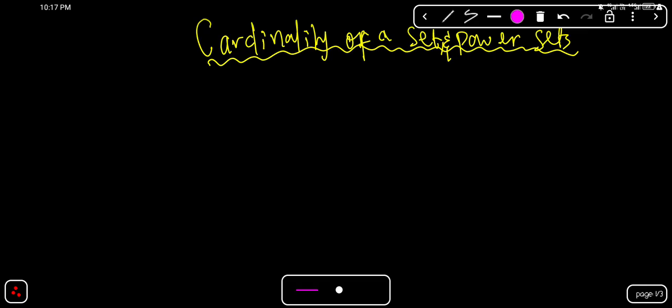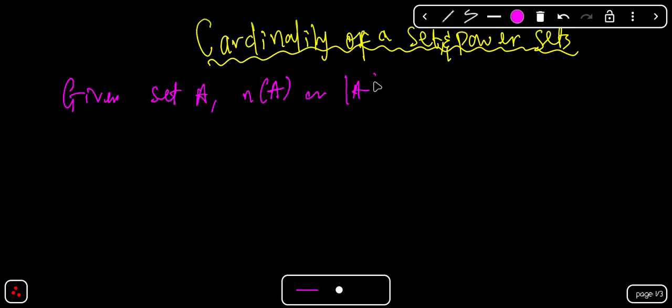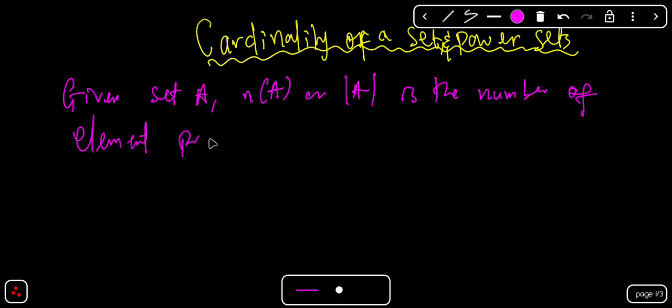So what is the cardinality of a set? Given set A, the cardinality of A, which is denoted by this, or can also be written in this form, is the number of elements present or contained in a set.